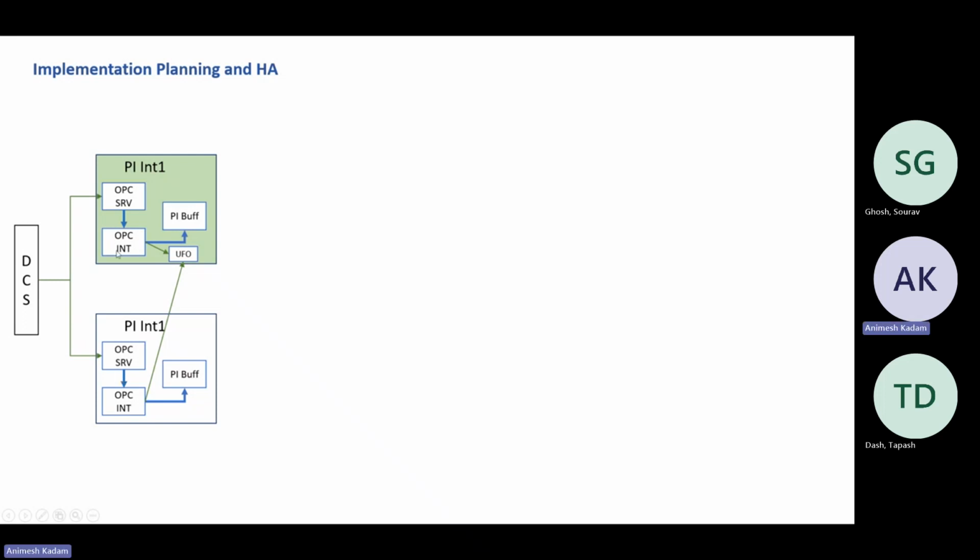Here we do an identical configuration of these interface instances, and we configure them for interface level failover. The reason I'm stressing this is, if this interface goes down, then the other interface starts collecting the data from the OPC server.